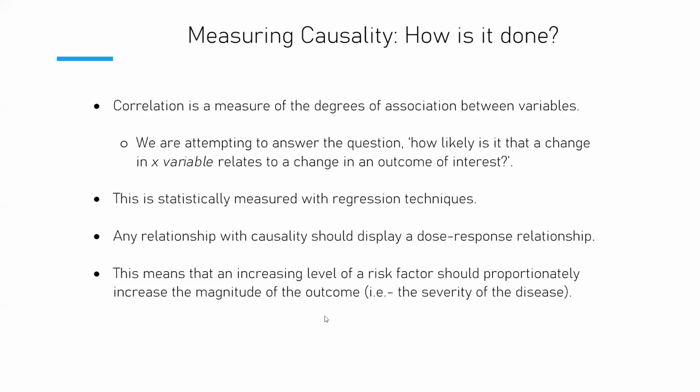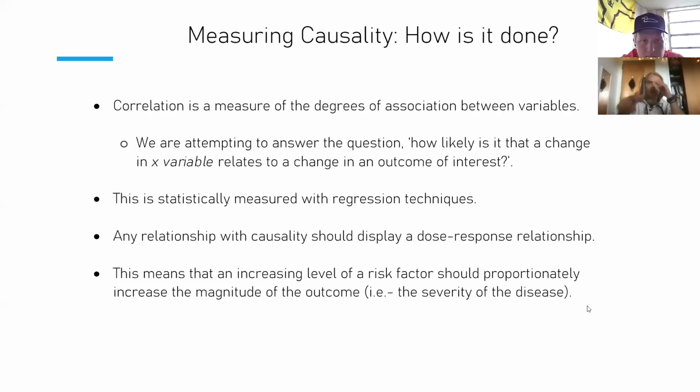I know you guys have done some of this with Dr. Ott already. You guys have talked a little bit about correlation, right? Okay, cool. So obviously we know correlation is a measure of the degree of association between variables. So a question that we could ask is how likely is it that a change in X variable relates to a change in the outcome of interest?